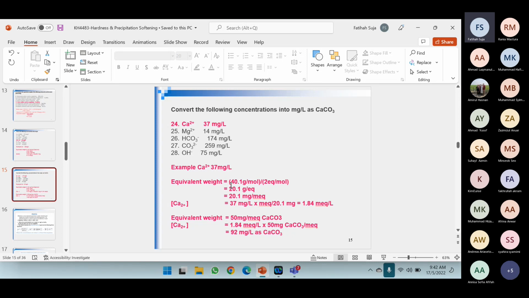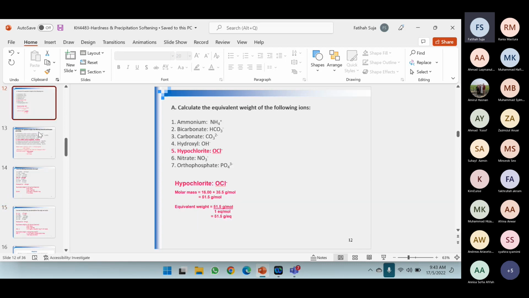Okay, for this week I'm going to give you 2 questions for your quiz, because yesterday we didn't have class. For this material, the softening part, it's not that much, but I want you to be able to convert from one unit to another using this following procedure.